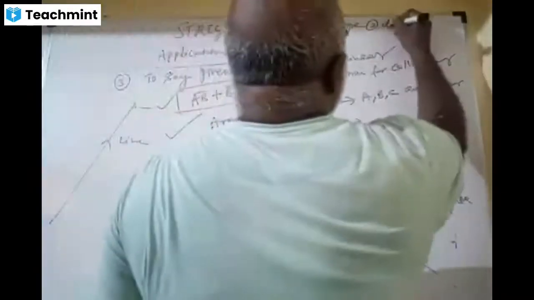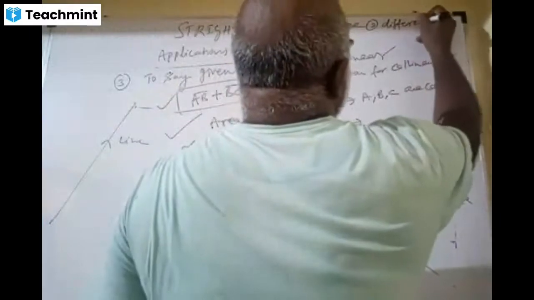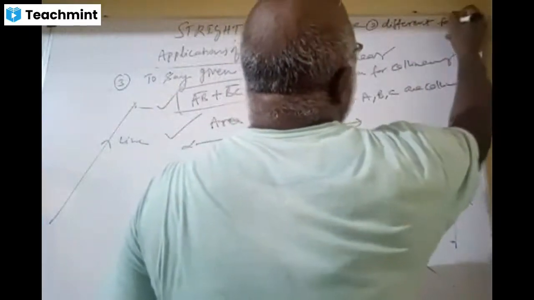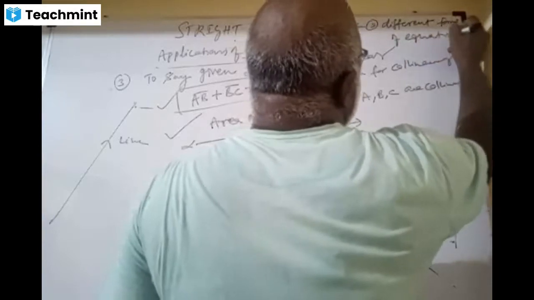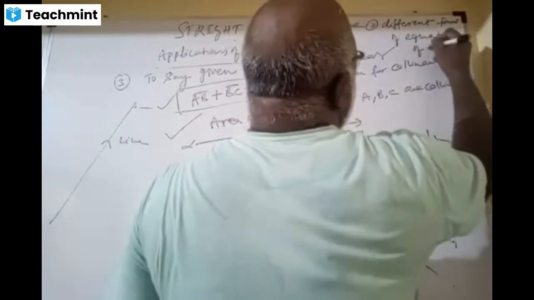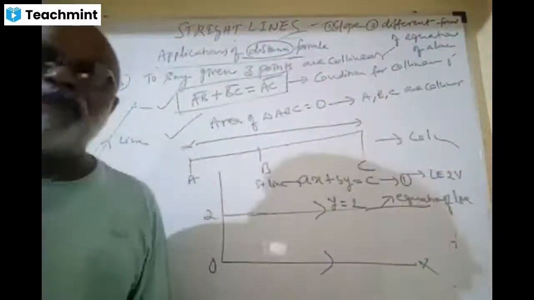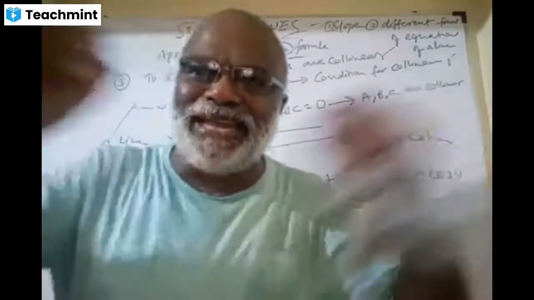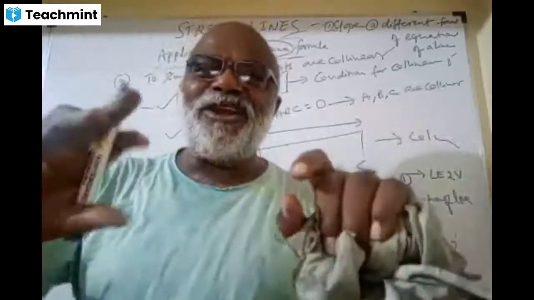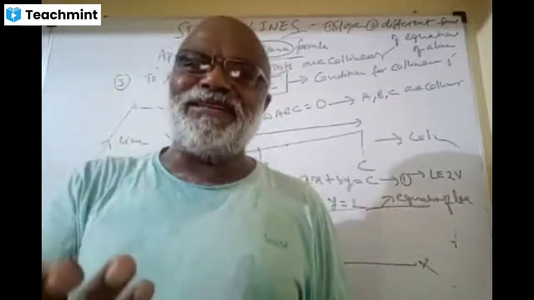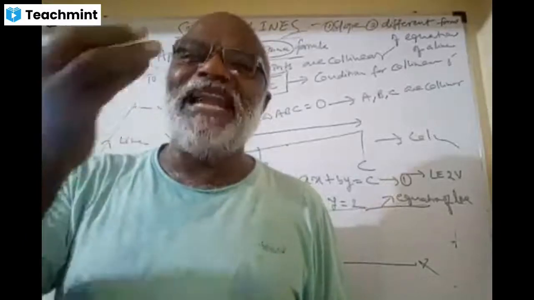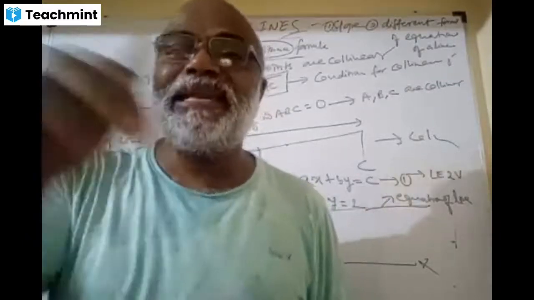So, different forms of equation of a line. One line, how many ways can you describe it? What do you mean by the equation of a line? The equation of a line is nothing but the description of a line mathematically.